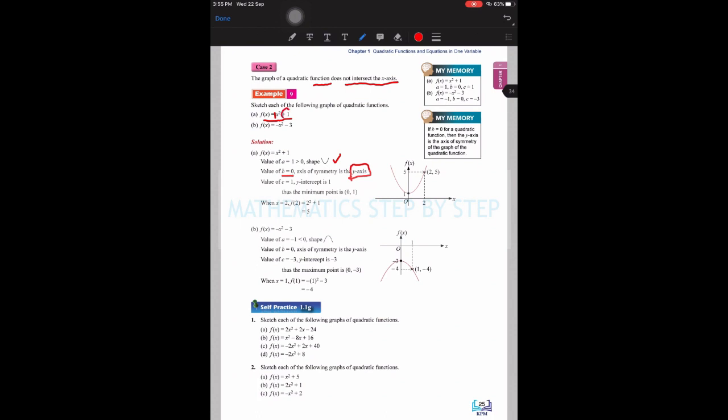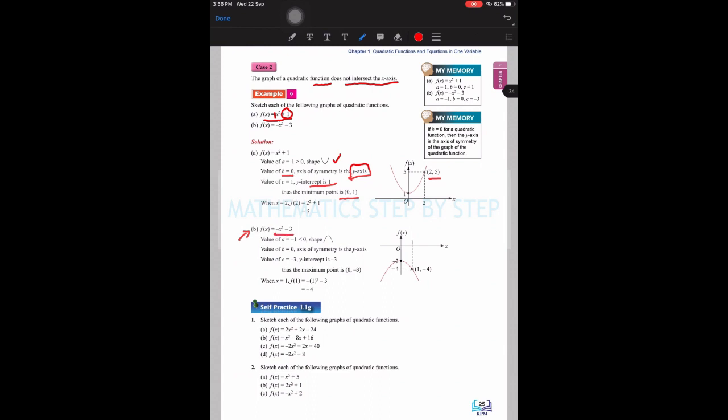Then c equals 1, so the y-intercept equals 1. So we know the minimum point is (0, 1), which is the y-intercept. Then (2, 5) is one of the points on this graph of f(x) equals x squared plus 1.